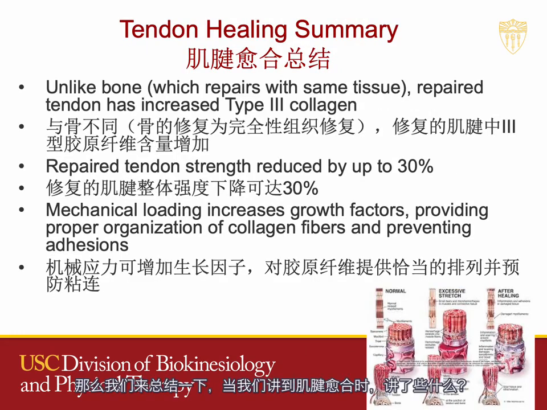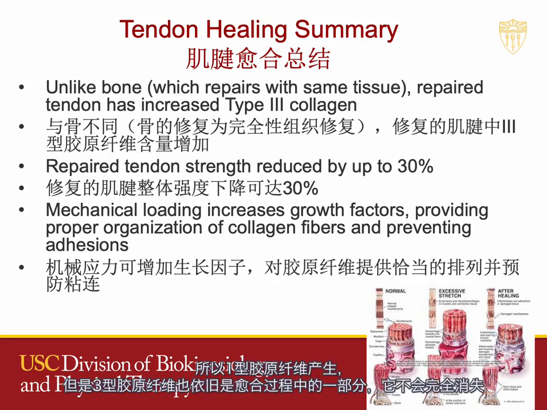All right, so let's summarize. When we talk about tendon healing, what are we talking about? Unfortunately, unlike bone, which is module 4, when we heal a tendon, we are not healing the tendon with the same tissue. So there is type 1 collagen that comes in, but type 3 collagen is also part of the healing process, and it doesn't go away completely.